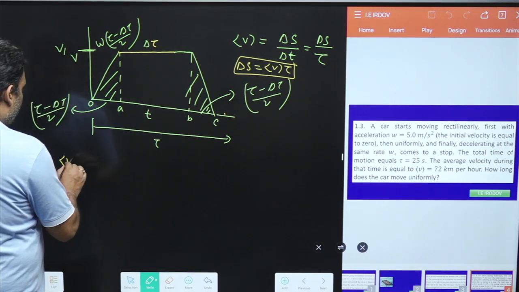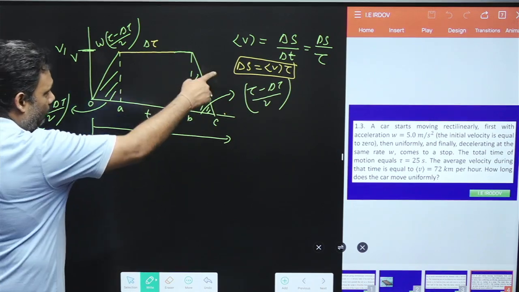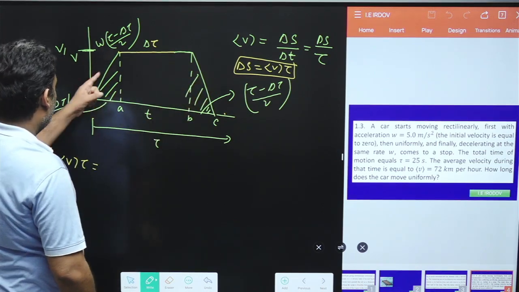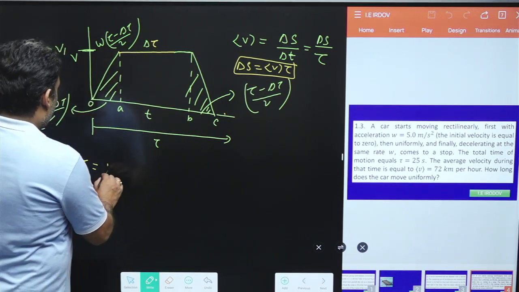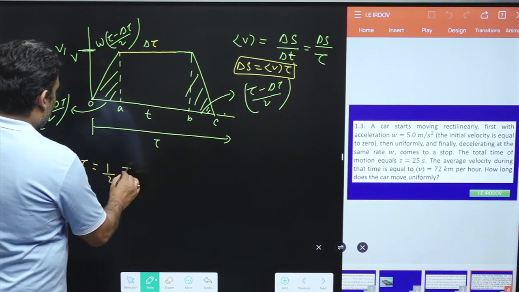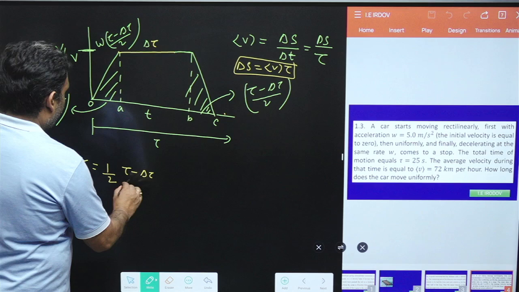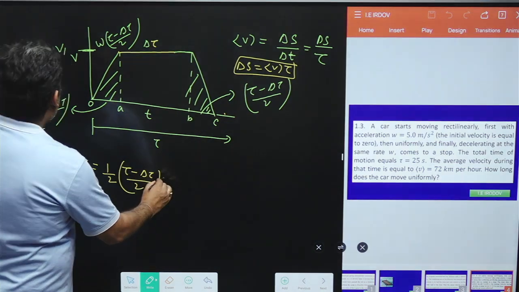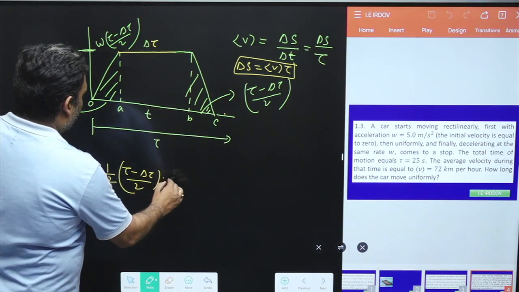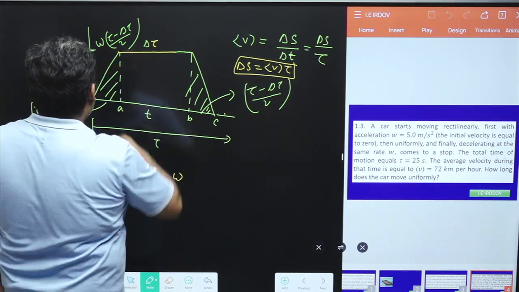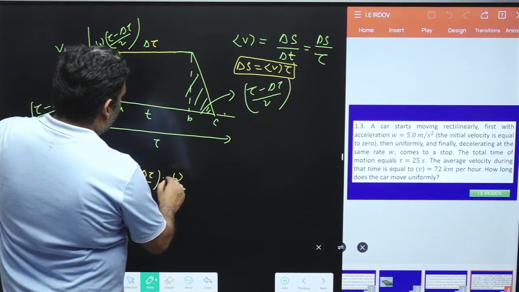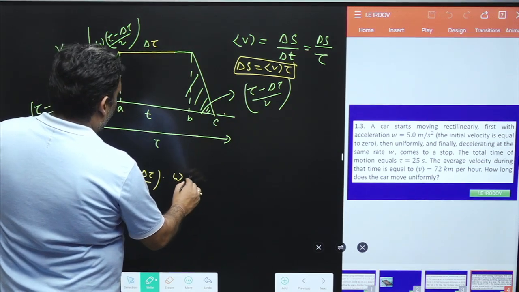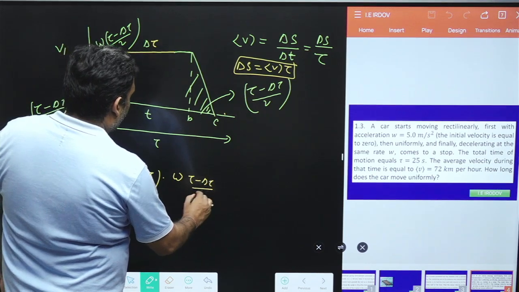So what we have is average velocity v into tau is equal to delta S, and that value is the area of this triangle, that will be half into tau minus delta t by 2 into this particular thing, that will be w, that is velocity v1, or this particular distance, w into tau minus delta t by 2.